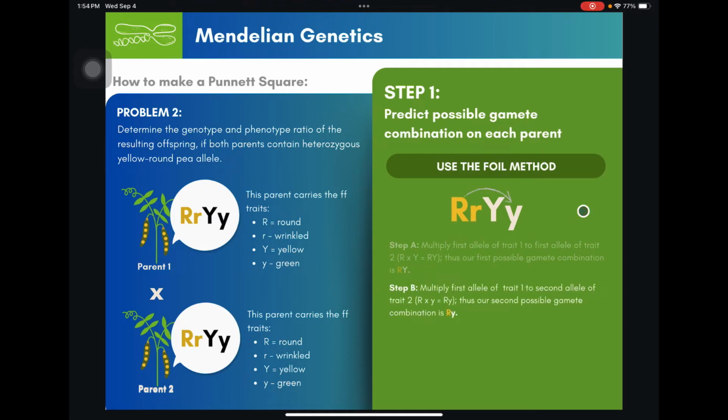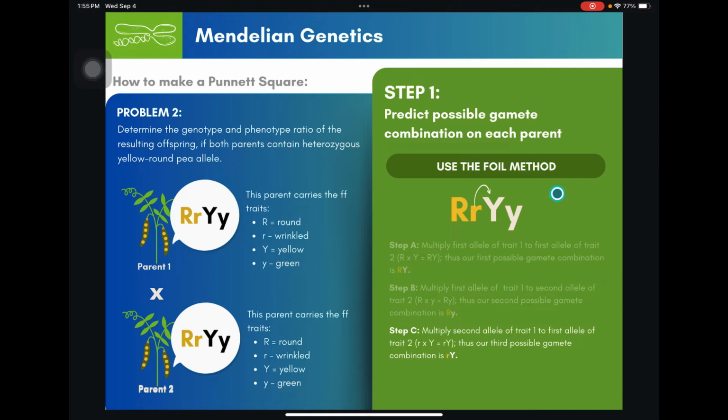Step B, on the other hand, is to multiply the first allele of trait 1 to the second allele of trait 2. Thus, our second possible gamete combination is dominant R and recessive Y. In step C, you'll have to multiply the second allele of trait 1, the recessive R, to the first allele of trait 2.